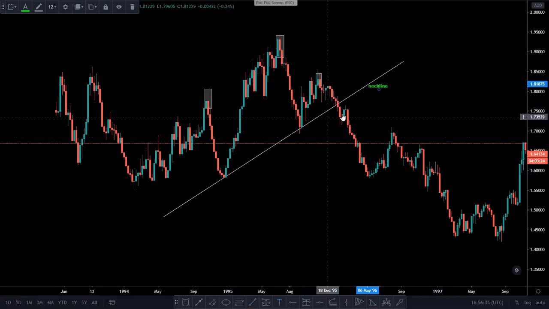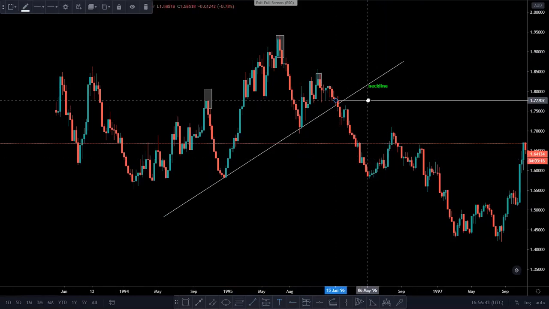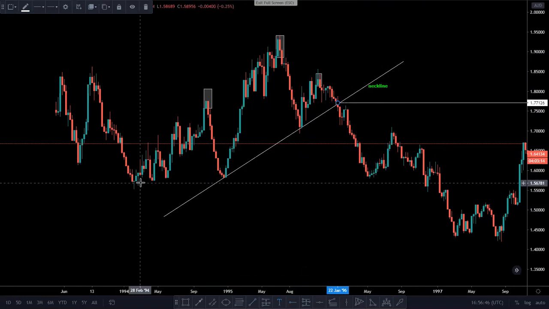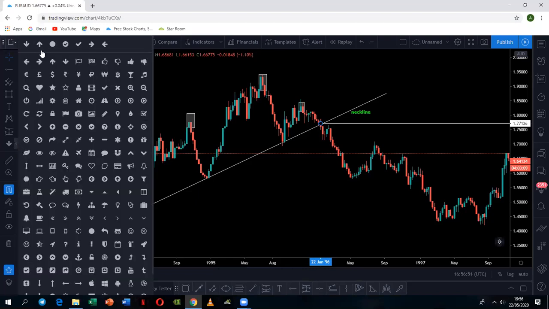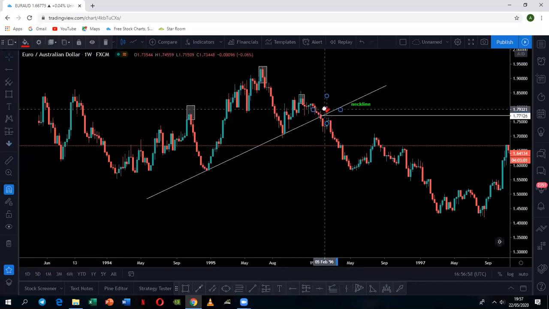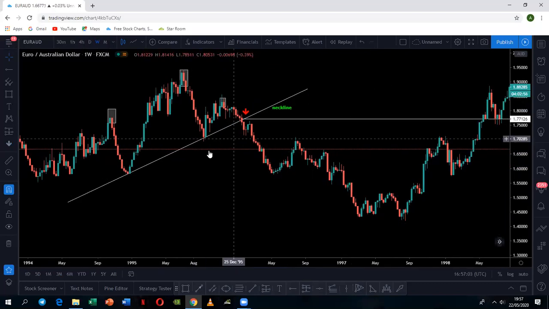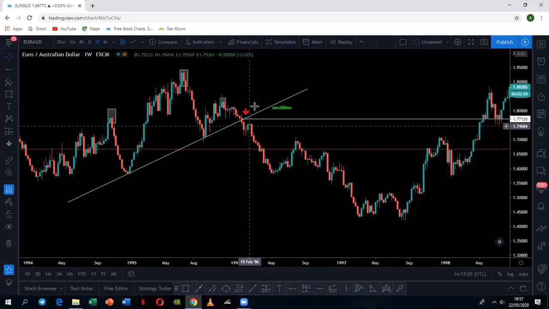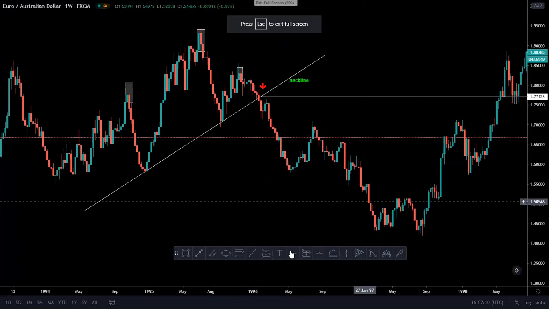This is the neckline, and this will be our selling point. Okay, so guys, clearly you notice that price immediately trended to the downside for the next number of weeks.